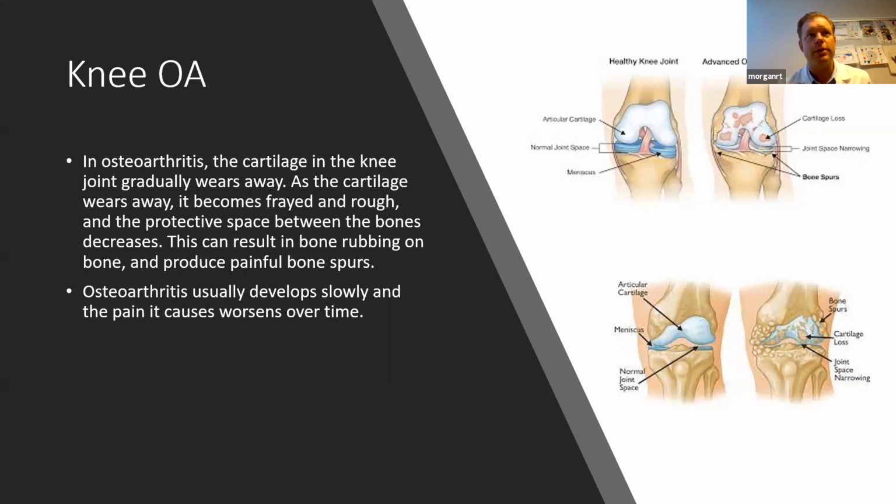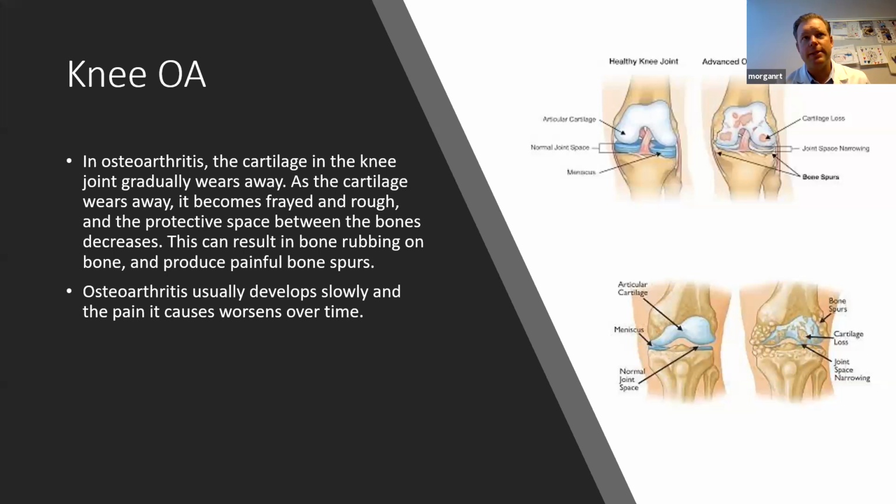This picture is depicting the cartilage at the end of the thigh bone on the top and the shin bone on the bottom part of the joint, and then showing the wear of the arthritis and the wearing away of that cartilage. And over time, the space between the bones narrows. Then those bones start to rub and touch because they've lost their protective cartilage coating.